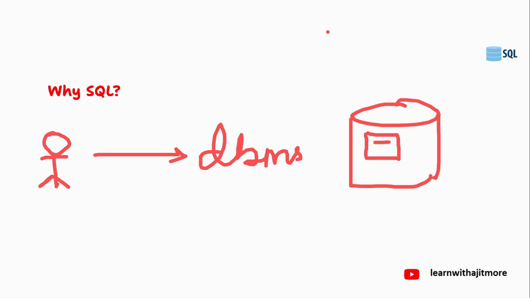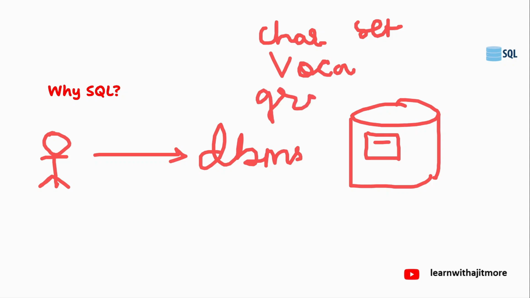But that language, English or Hindi, is the medium of communication between me and you, and it is a natural language. SQL doesn't come under natural, it comes under formal language. Or you can call it an artificial language. But whenever we say any language, does every language give its character set? Does it give its own vocabulary? Does it give its own grammar? Yes or no?